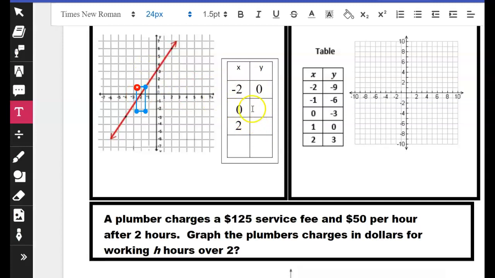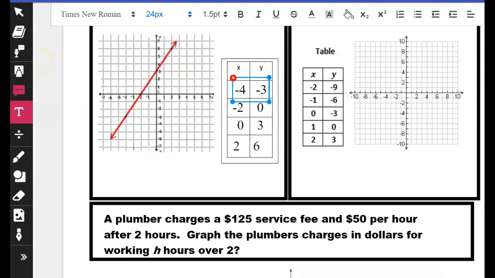This point right here is 0, positive 3. This point right here is 2 and 6. Now I'm going to take those and pull those down because I see one more point on my line here is negative 4 and negative 3.